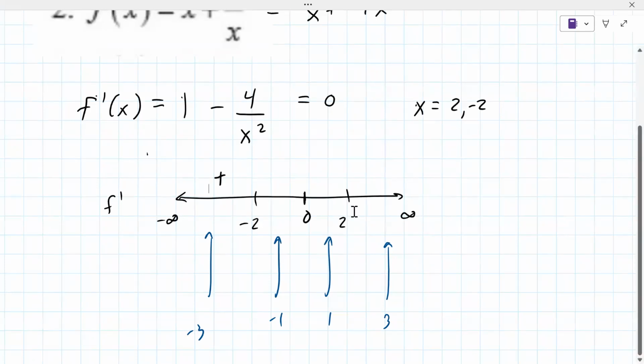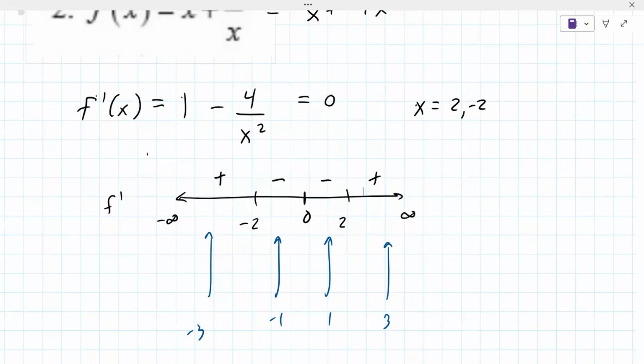And then -1 would be negative. It is negative. And then 1 would also be negative, and 3 would be positive.